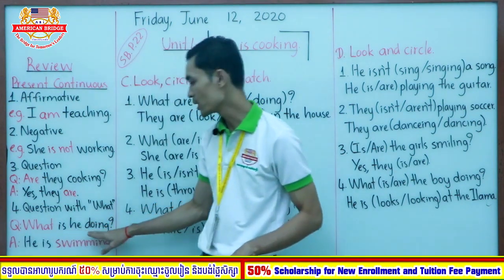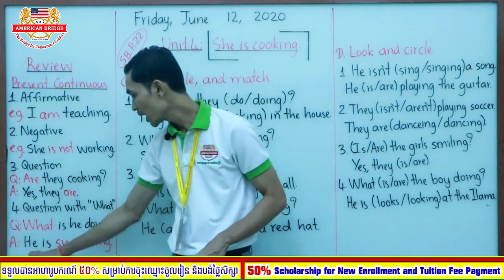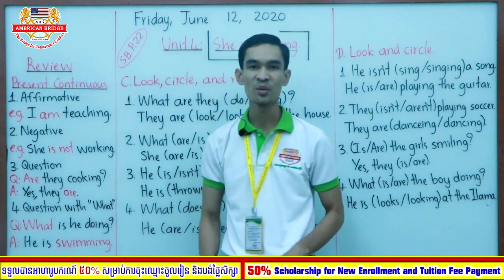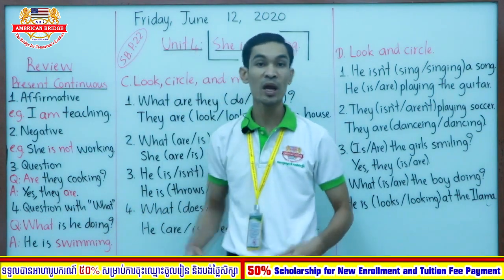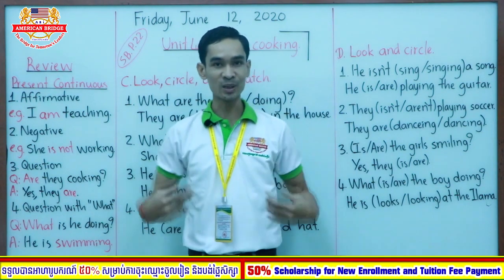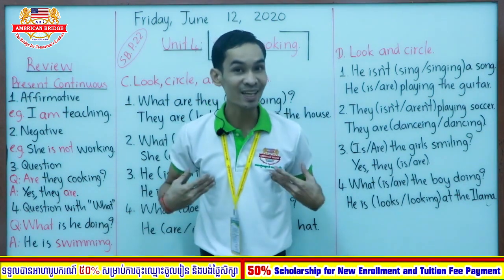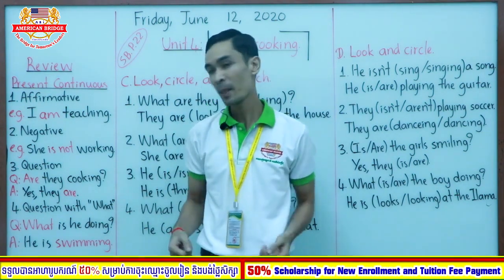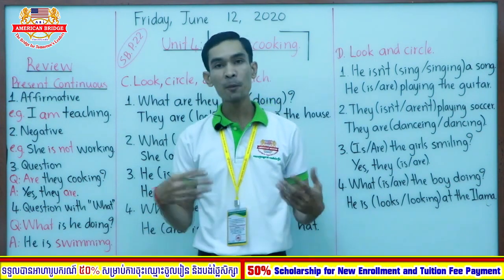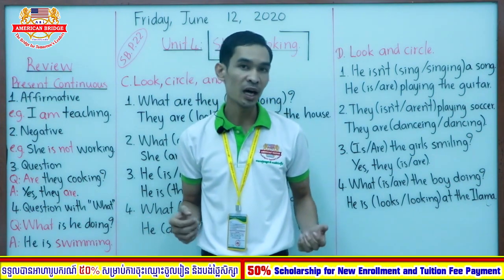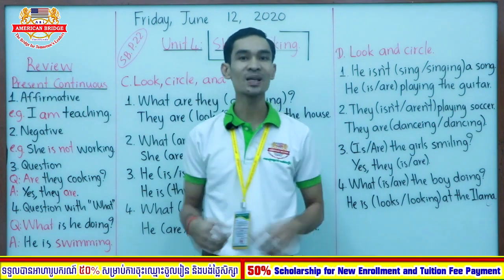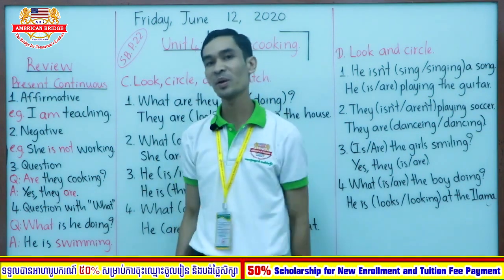What is he doing? He is swimming. What am I doing? You are standing, right? Or you can say I am standing. Okay. And what are they doing? They are playing soccer, or they are swimming.